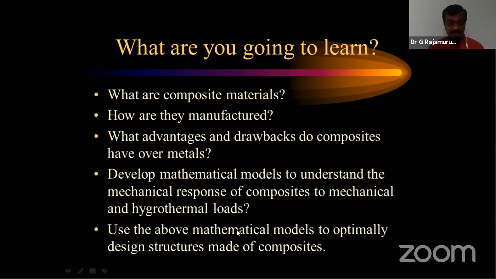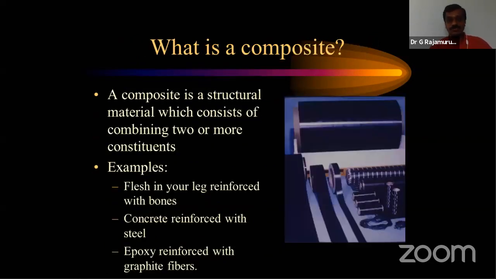And what mathematical models are available to fabricate this composite material, and by using these models, how can I design the particular composite structure? Just now I told you, if you want to make a product with a very good strength to weight ratio, then I can go for composite material.